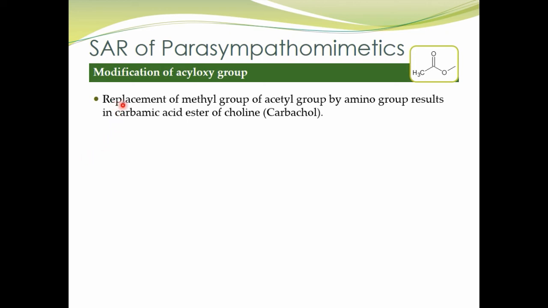Next point, replacement of the methyl group of the acetyl group by an amino group results in the carbamic acid ester of choline, which is called carbachol. Means replacement of the methyl group of the acyl group by an amino group. So now, instead of the acetic acid ester, it is the carbamic acid ester, and it is given the name carbachol.